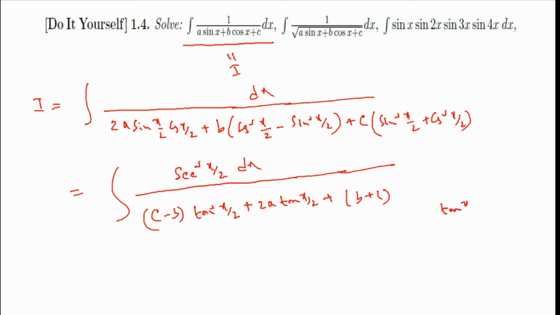Now put tan x by 2 equal to z, and when you put tan x by 2 equal to z, then sec square x by 2 dx, and there will be a half, so this will be dz.